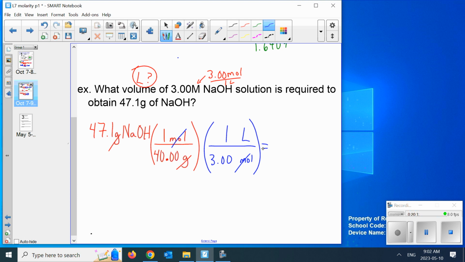So 40 and 3 are both on the bottom, so it's both division. I use my calculator: 47.1 divided by 40, divided by 3. I've got 0.3925. Okay, I'll write that down.